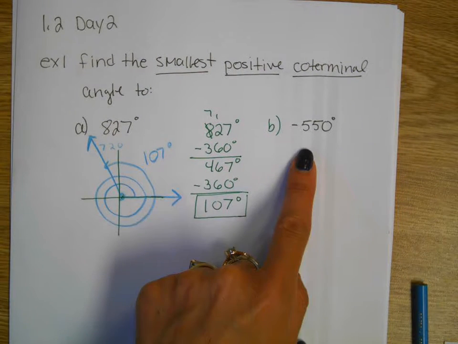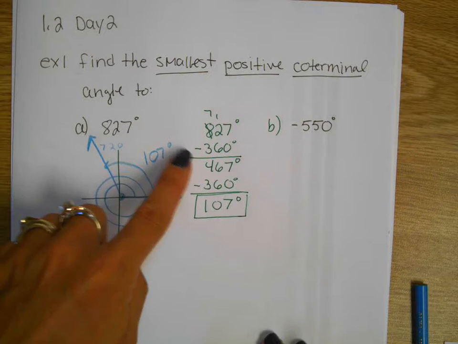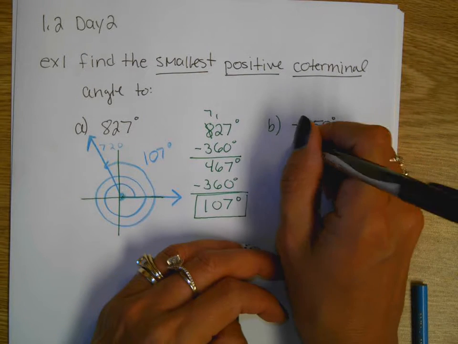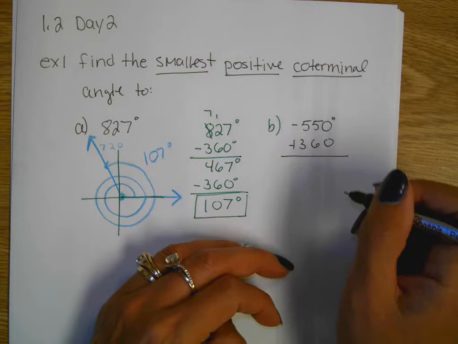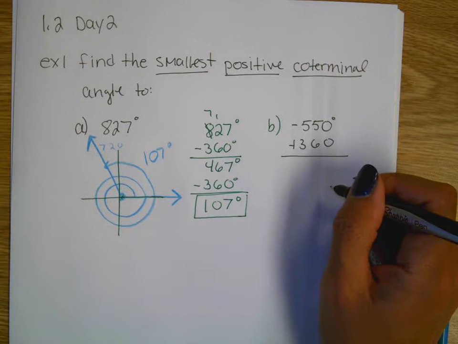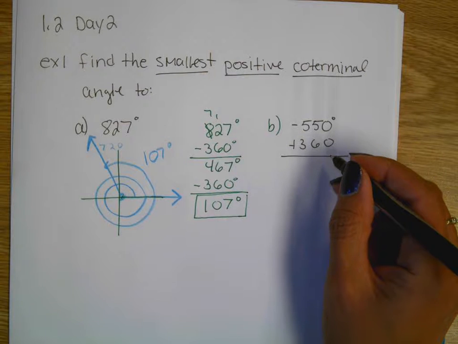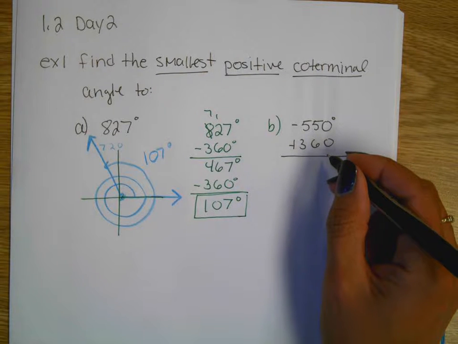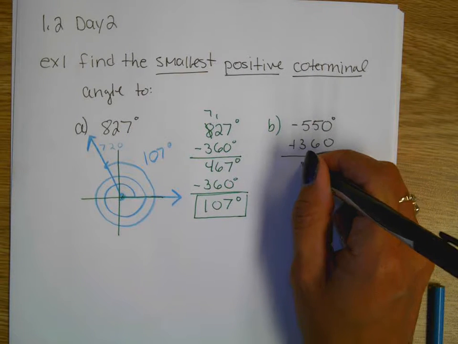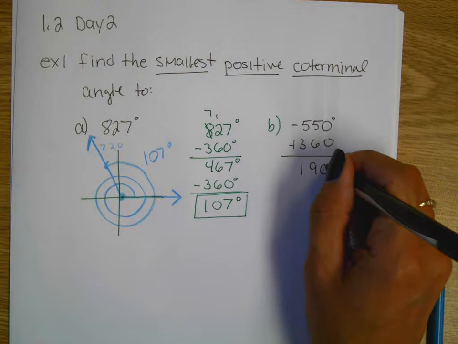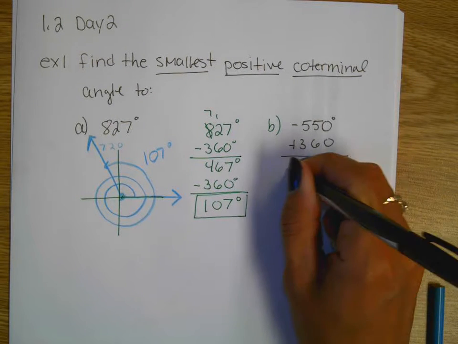Well, what are we going to do with that one? Add 360 until we get into the positives. So if you already are positive, you subtract. If you're negative, well, you want to add till you get to a positive value. Negative 550 plus 360 is anybody good with that in their head? 190? Or negative 190.